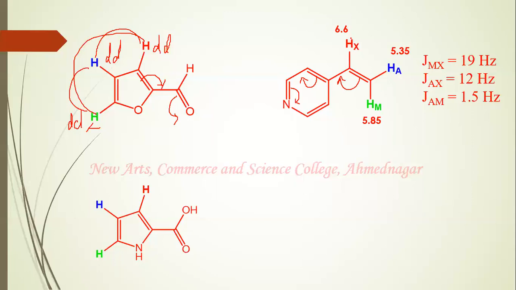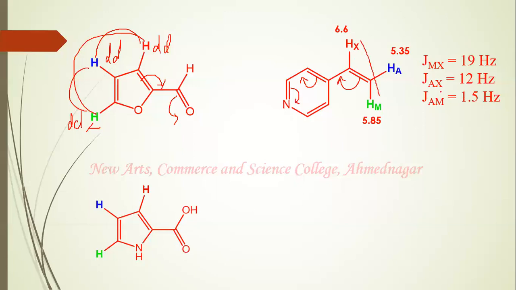But see here, in this case, the HX proton is more de-shielded as compared to the other protons. This is because the HX proton is very close to this pyridine ring system, whose diamagnetic anisotropy will de-shield the X proton. So see, these are the chemical shift values, and these are the coupling constant values. JMX means this trans coupling is there, which is very large, 19 hertz.